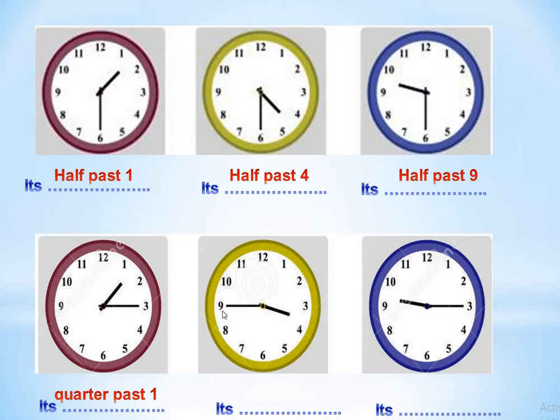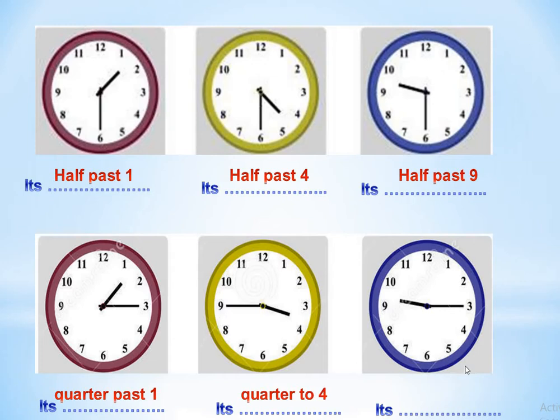When I said "to" in the analog clock, do I use the number before or the number after? Do you remember? When I said "to" in the analog clock, I said the number after. So don't choose 3. It will be quarter to 4.